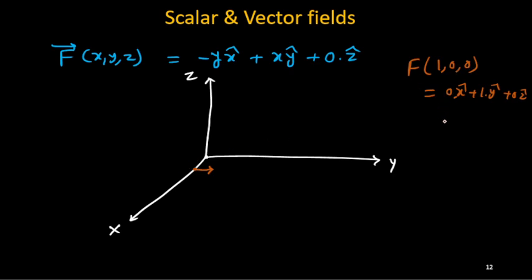Next one, suppose I consider another, same thing, same color, f of 0 comma 1 comma 0. So what is the value? This time x is 0, so this is 0, but y equals 1, so minus x vector plus 0 y vector and 0 z vector. What is the point? The point is 0 1 0, which is this point.